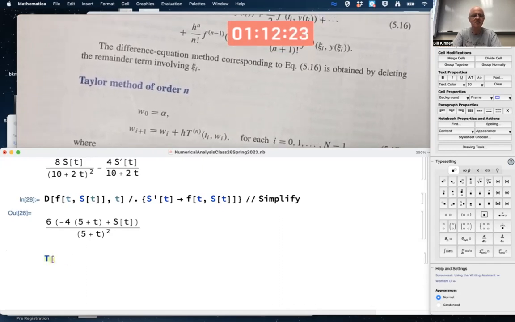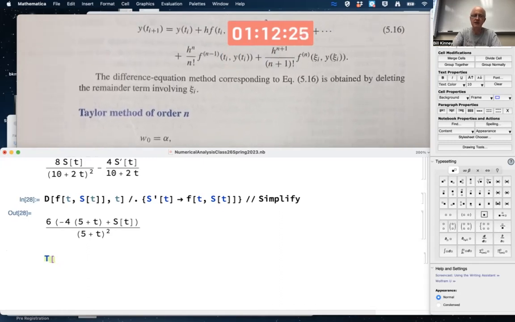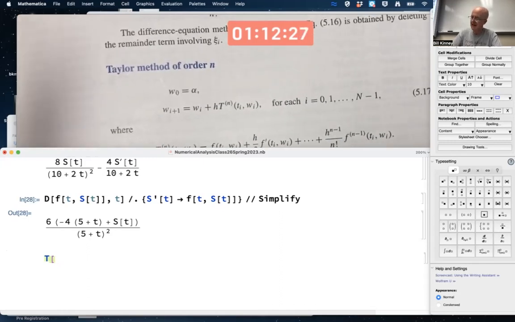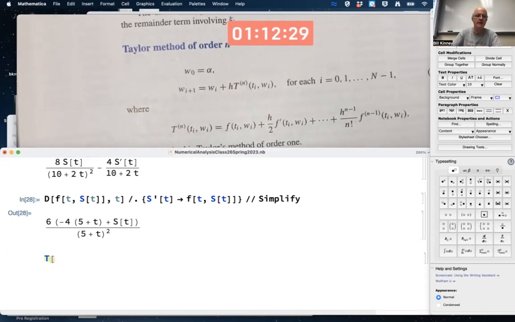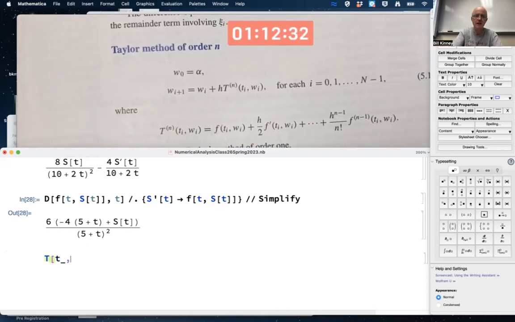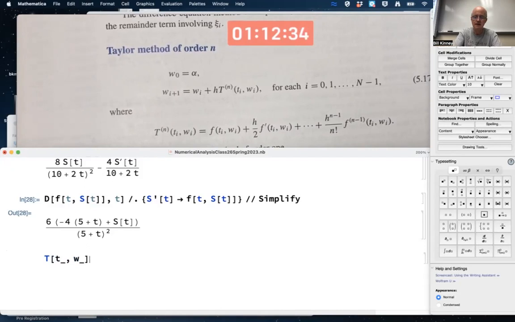And let's see. So this is not going to be the function I actually use in nest list. It's going to be the capital T function here. Capital T of t comma w. And it does depend on h. So I'll put an h in front here as well.